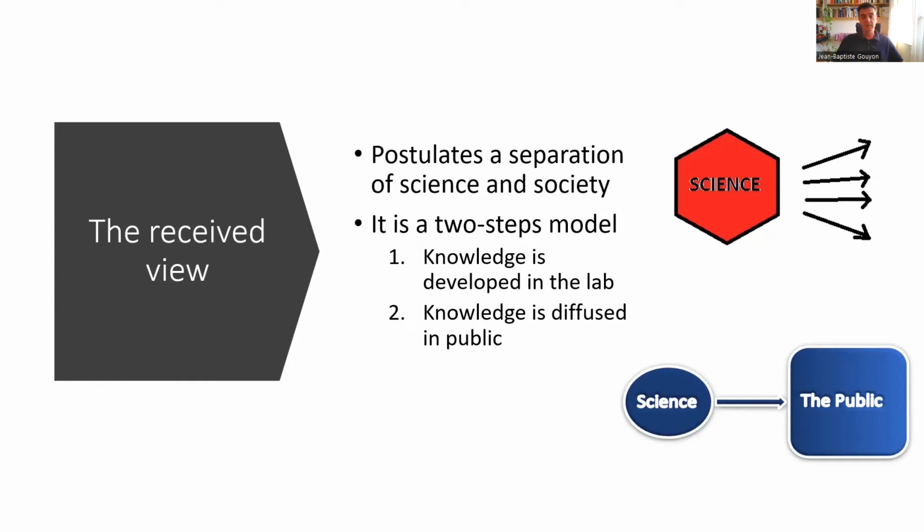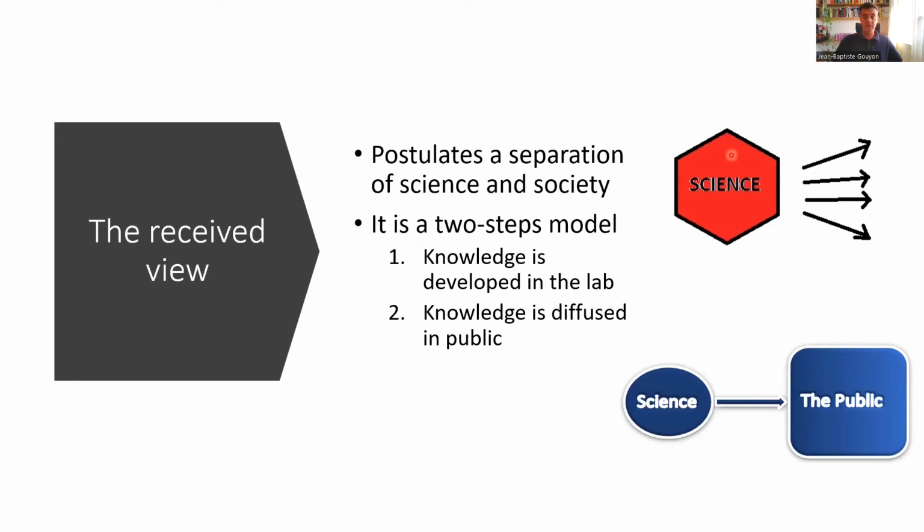One, which underpins the received view, is that science and society are separated. They exist in two different realms, if you want, or cultural spaces. And knowledge basically is produced in the lab, so that's the first step.